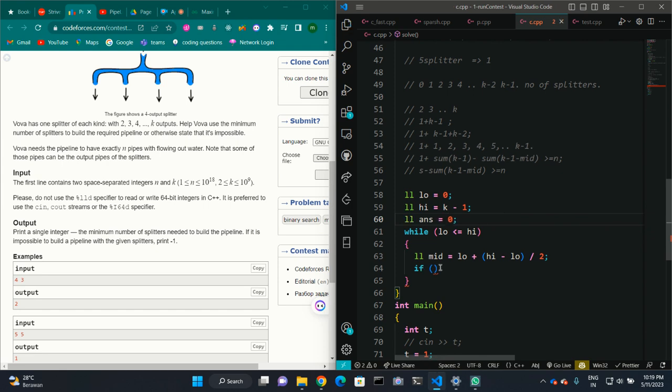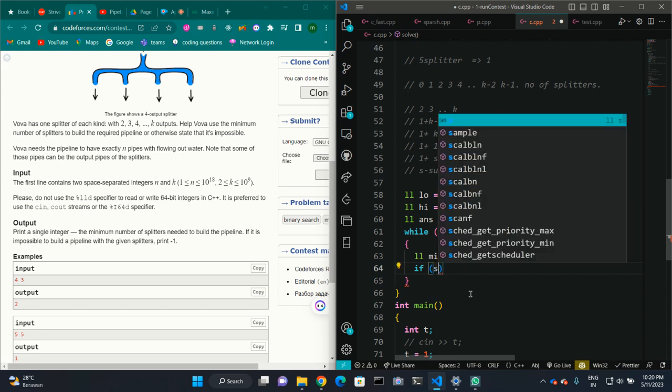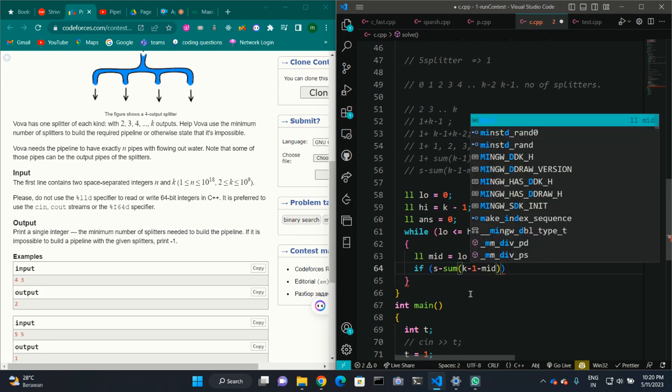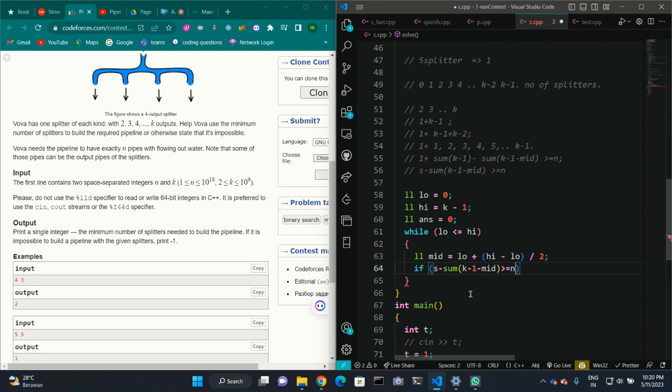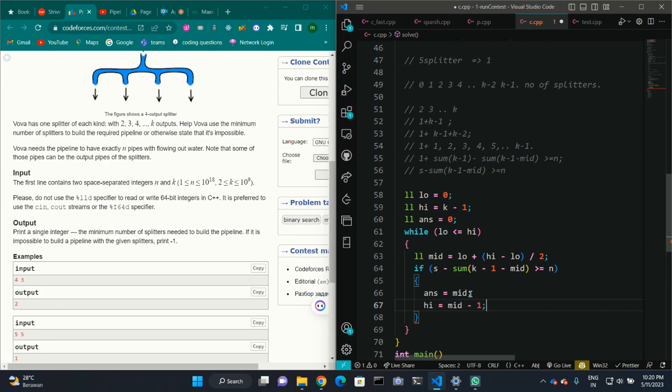Answer equals 0. If total minus sum of k minus 1 minus mid is greater than or equal to n, and the answer is equal to mid, then I will check for a smaller number, right? So high will be mid minus 1.